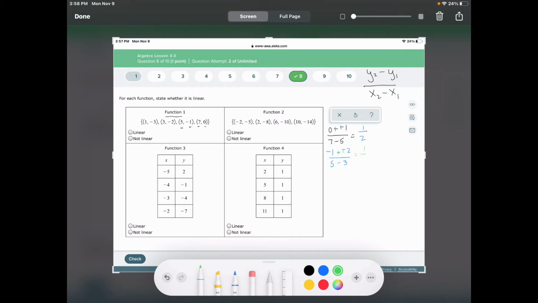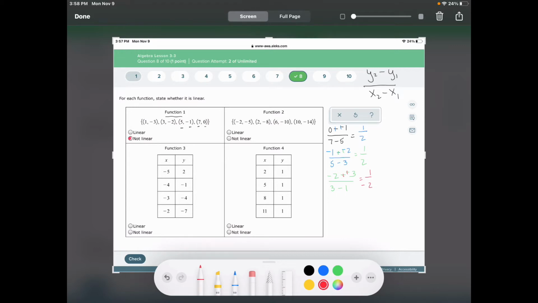That'd be 1 over 2. So far, so good. And then we need to do negative 2 minus negative 3 over 3 minus 1. That'd be 1 over negative 2.